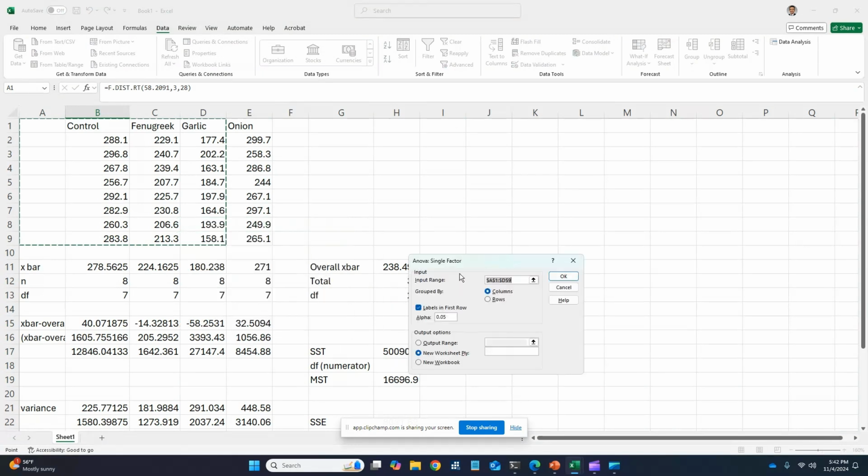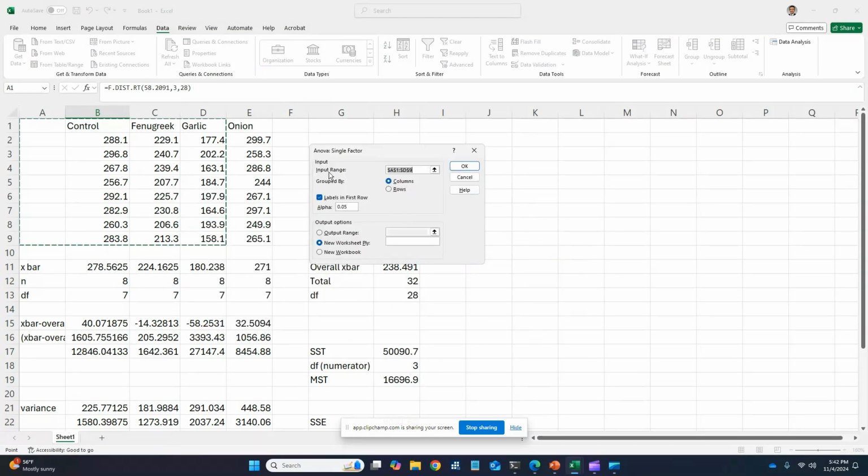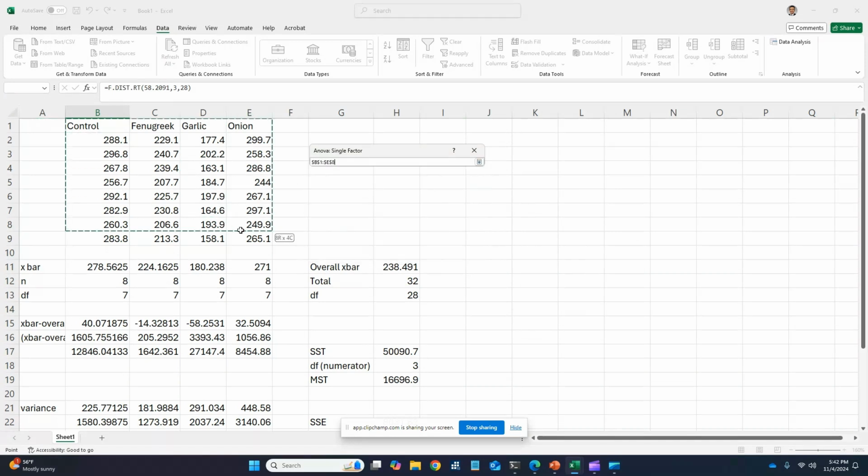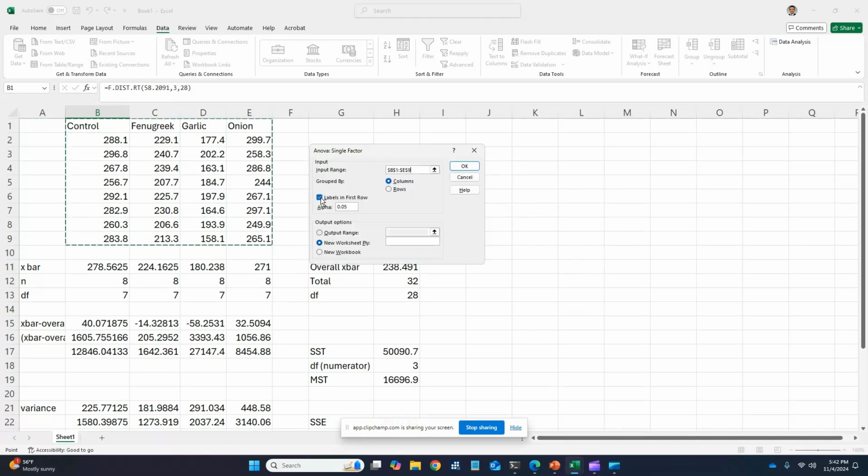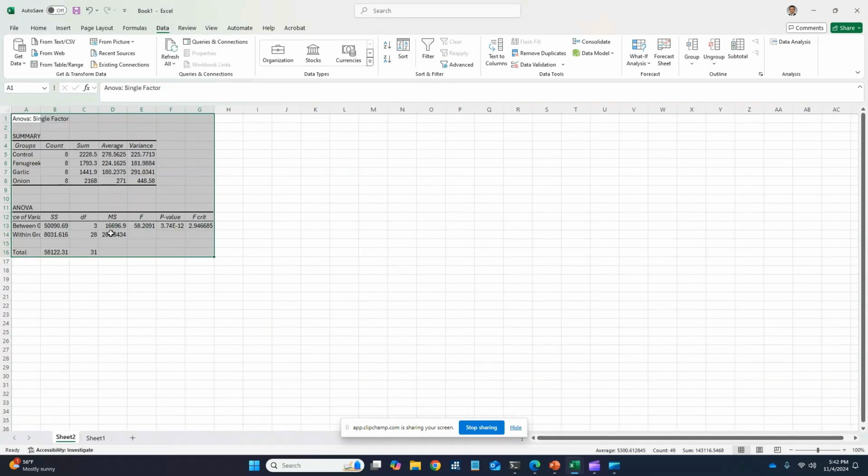And it asks you to select the input range. You can select this input range and also check labels in the first row. And then I selected new worksheet, so the result will be generated in the new worksheet. Press OK, and it creates the ANOVA table for you.